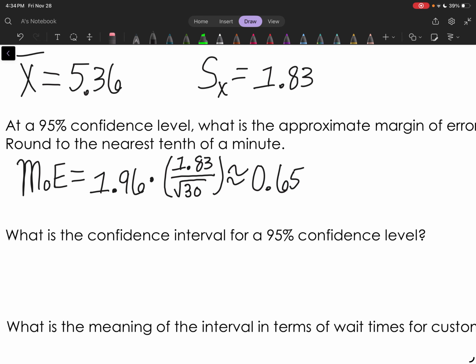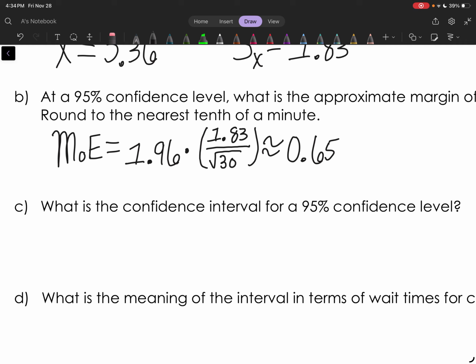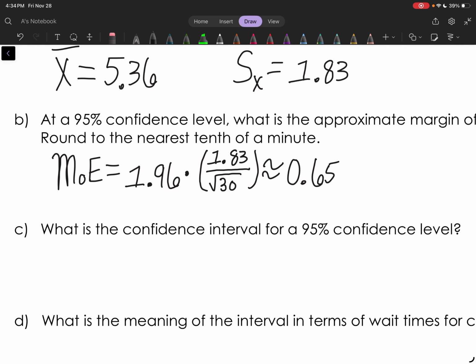What is the confidence interval for a 95% confidence level? Well, I need to take my mean, subtract my margin of error, and this is supposed to be less than or equal to our entire population mean.